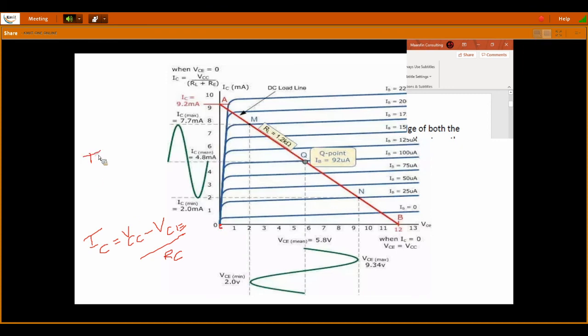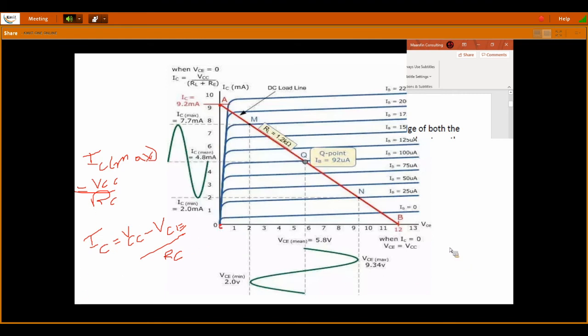So IC maximum is equal to VCC by RC, and so here we have noted that point as A, where the maximum collector current is flowing when VCE is 0.